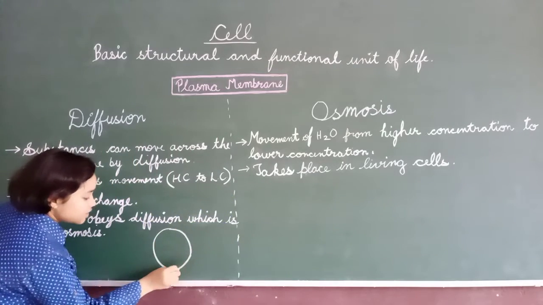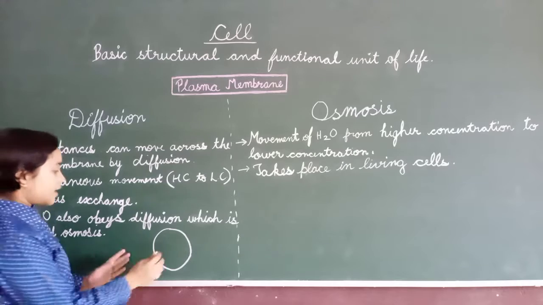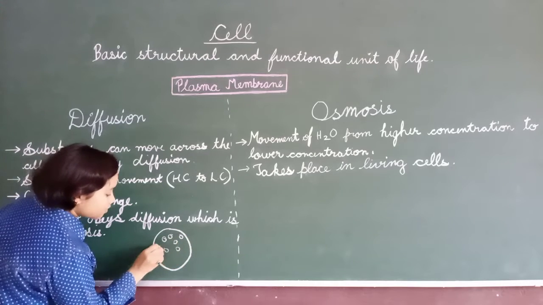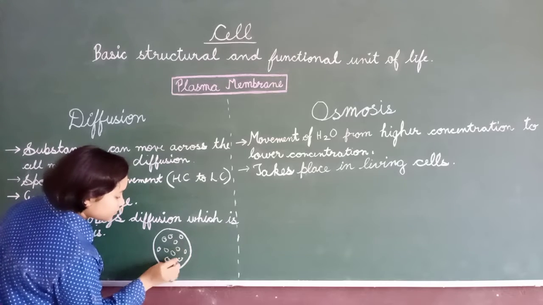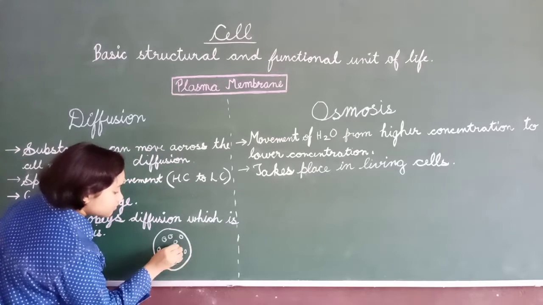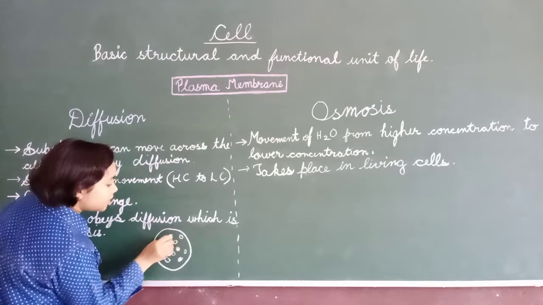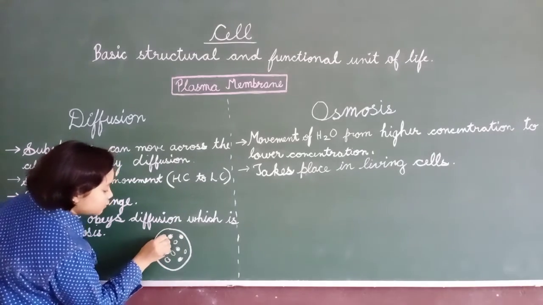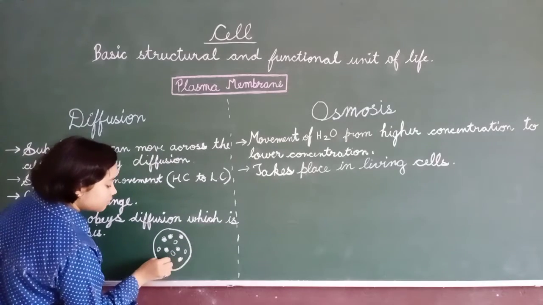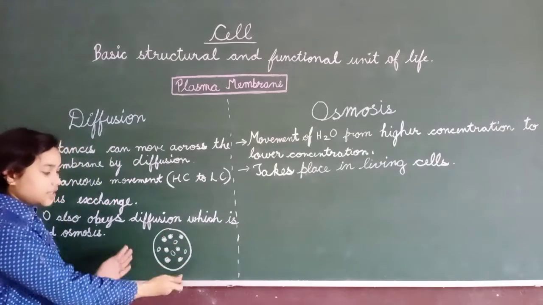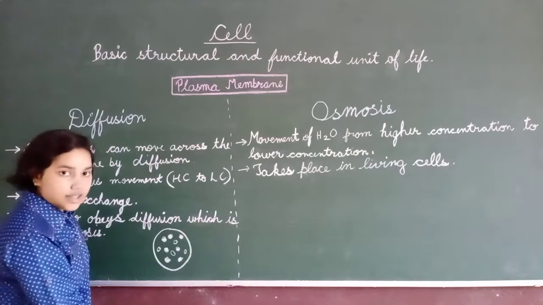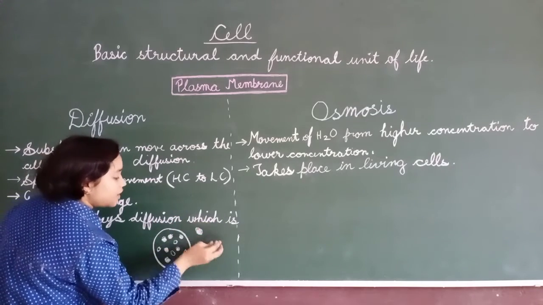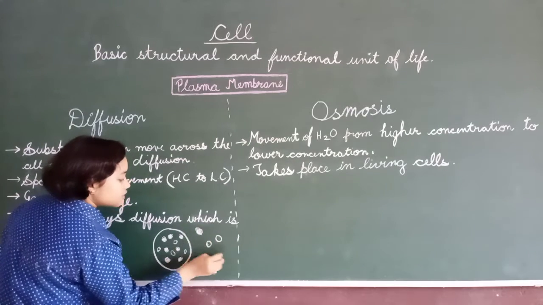Suppose that this is a cell and these are some gases. These colored ones are carbon dioxide and these blank ones are oxygen. This is inside the cell and this is the surrounding of the cell. Here is some amount of carbon dioxide and oxygen.